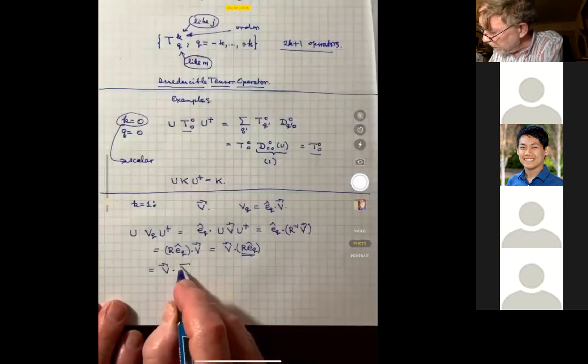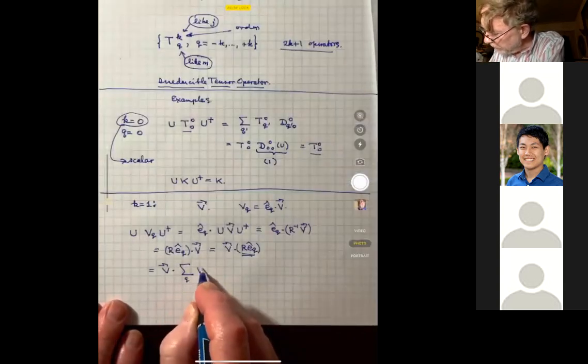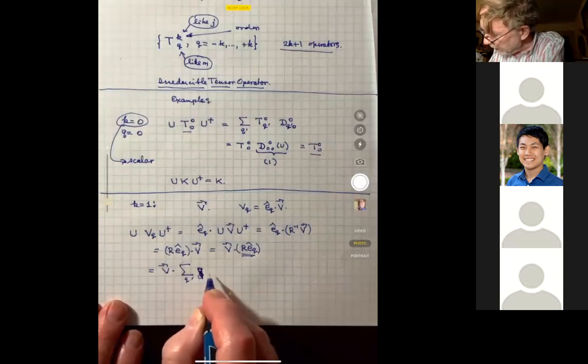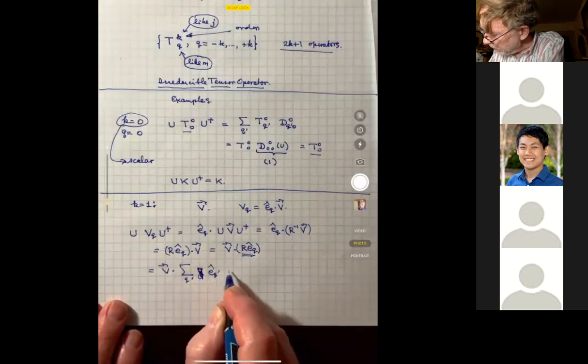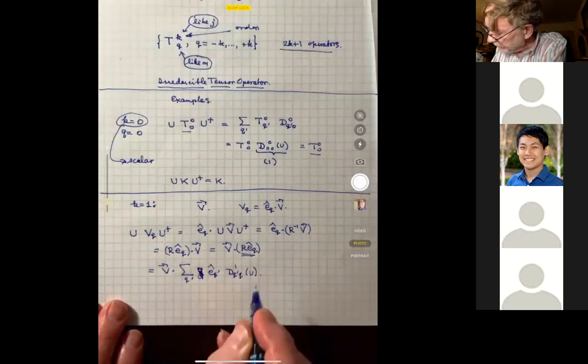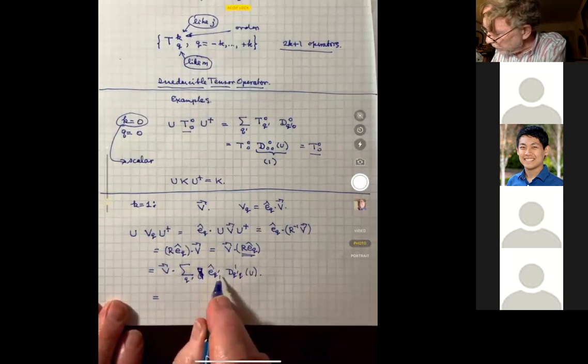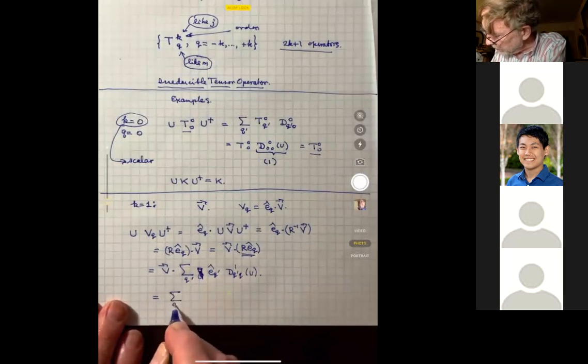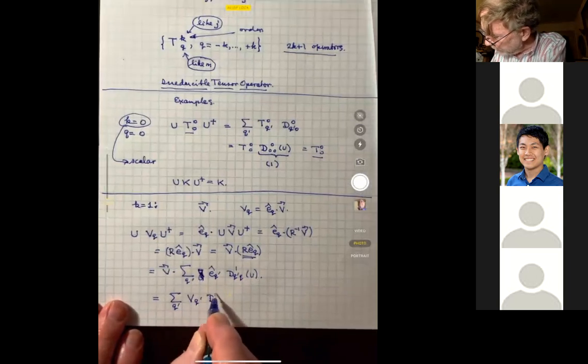So this becomes a sum on q prime of v sub e hat sub q prime times d1 of q prime q of u, like so. And now the v hat dotted in e_q prime, it's sum on q prime of v sub q prime times d1 of q prime q of u.